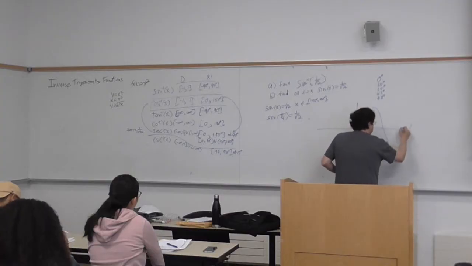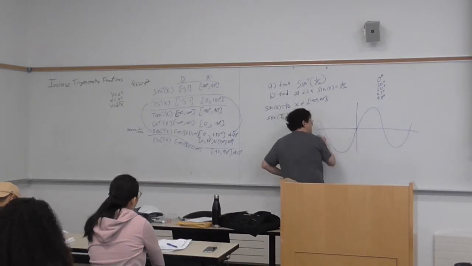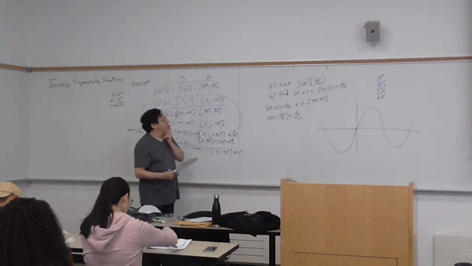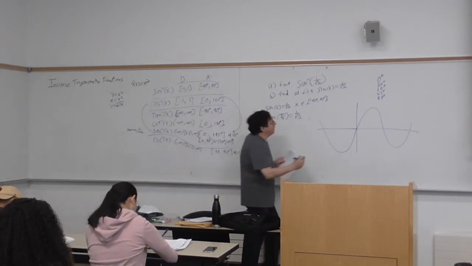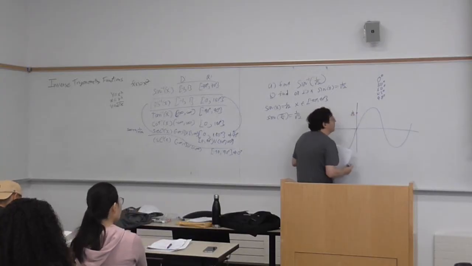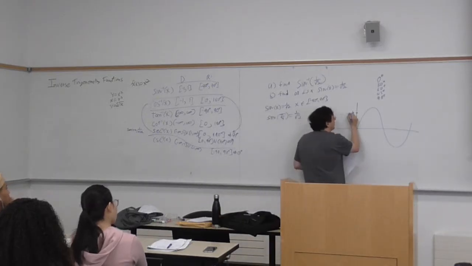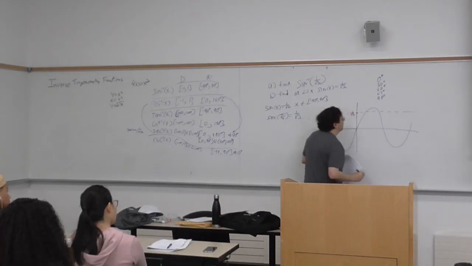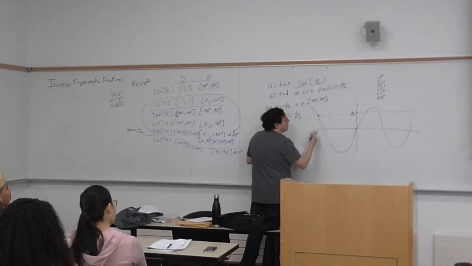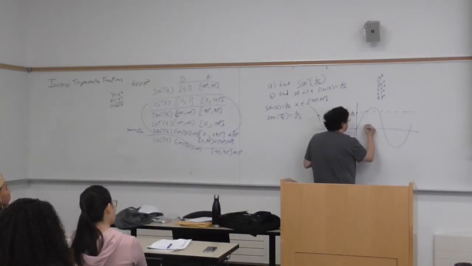If I draw the sine function, and I look here at 1 over the square root of 2, I draw a horizontal line. I'm going to pass through right here 45 degrees, right?